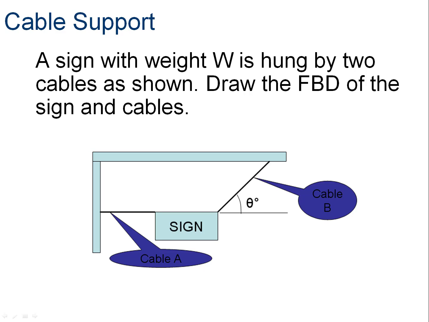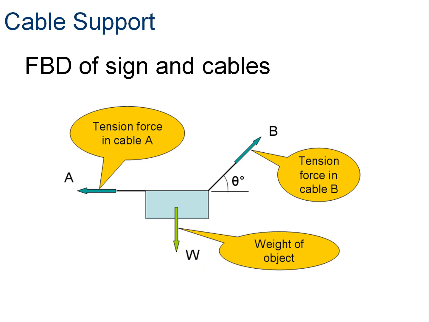Now here's an example with two cables and a sign. If we look at this, the free body diagram of the sign and the cables, got cable A and cable B, I would have a label, tension force in A, tension force in B, and then the weight of the object along with the angle.